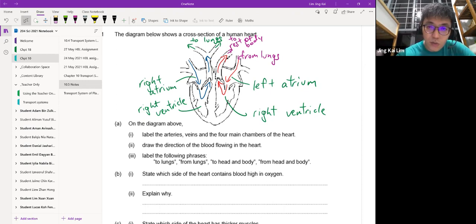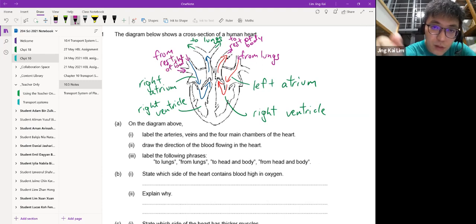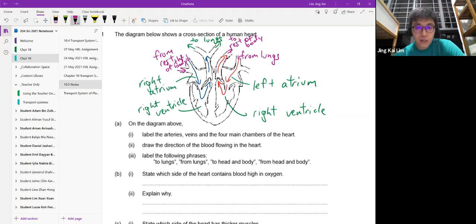So coming back to the right side here, since we have to the rest of the body, then these two must be coming from the rest of the body. When it comes from the rest of the body, that means it is deoxygenated blood, because the body has already used the blood itself.